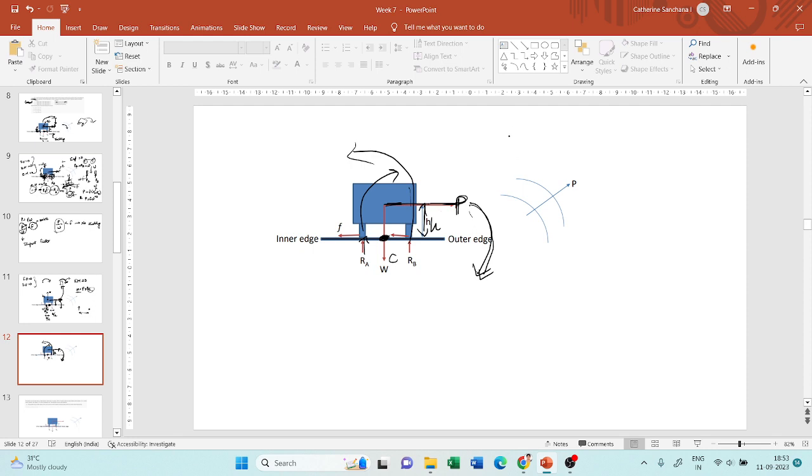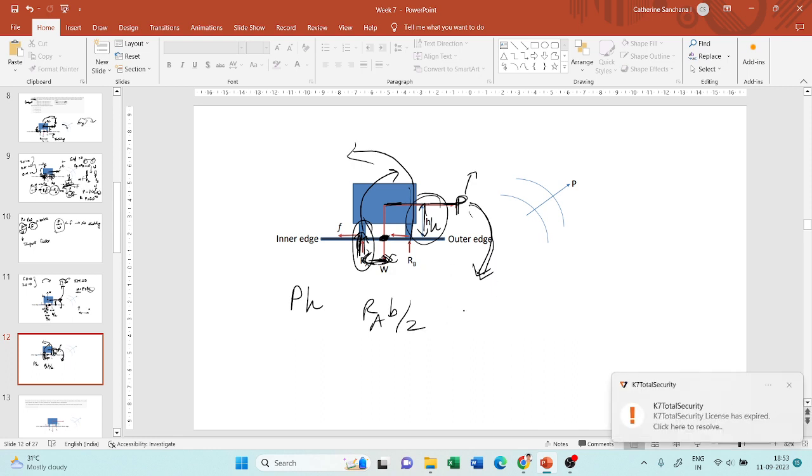Let us first write the equations of moments. Moment due to force P will be P into perpendicular distance, and the perpendicular distance is H. Moment due to RA is RA into perpendicular distance. RA is acting in the upward direction, so the perpendicular distance is in the horizontal direction, which is B by 2, and RB is also the same, B by 2.